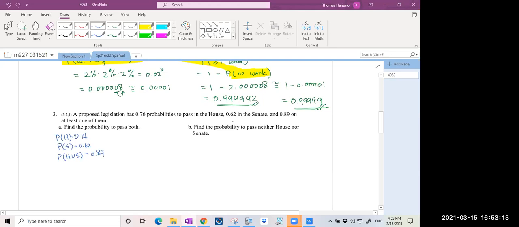Now, what is the probability of passing neither House nor Senate? The probability of passing none is 1 minus the probability of House or Senate. That's 1 minus 0.89, which is 0.11.